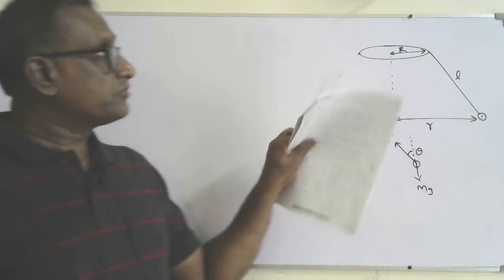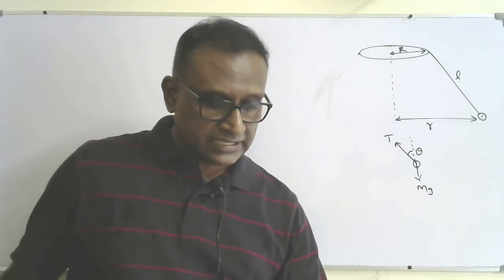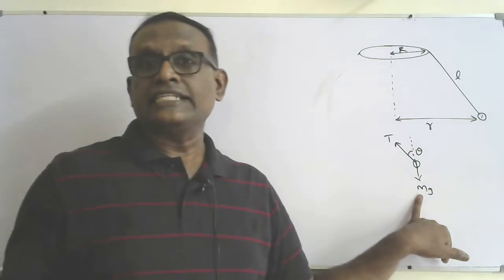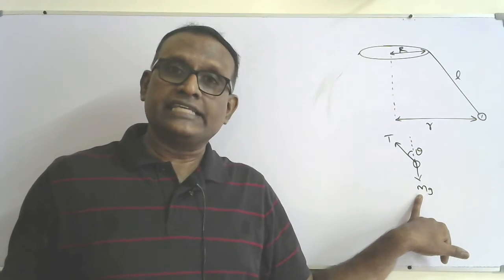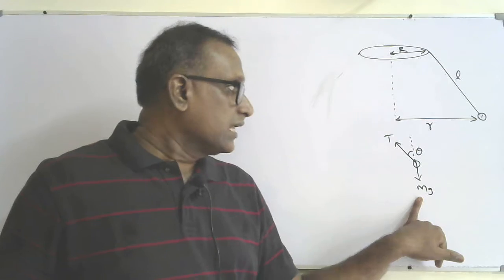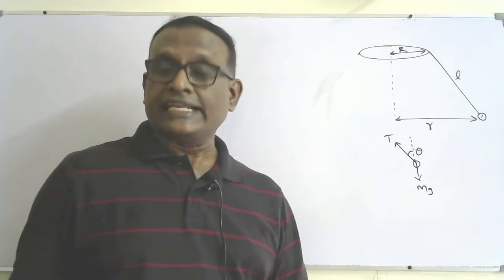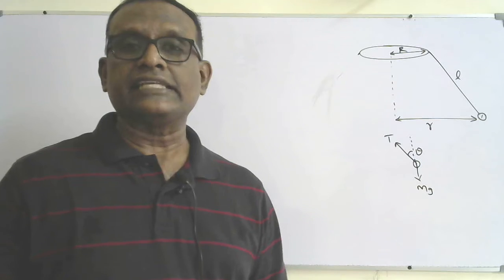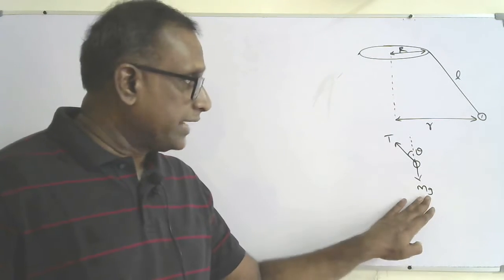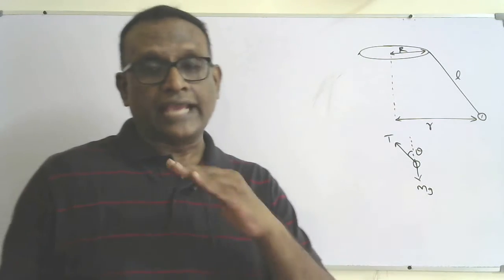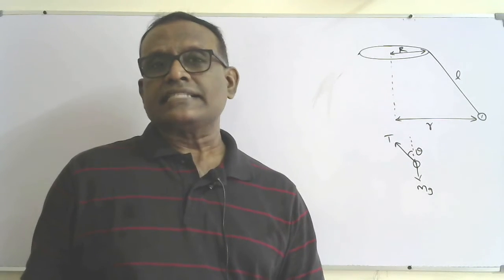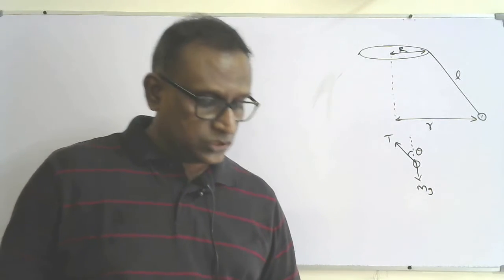So if the radius of the canopy increases, the radius of the circular path also will increase, but there is no change in its weight. So if there is no change in its weight, the vertical component of the tension will remain the same, because weight is not changing, and also the angular speed is not changing. So we will get the same equations as I told earlier.